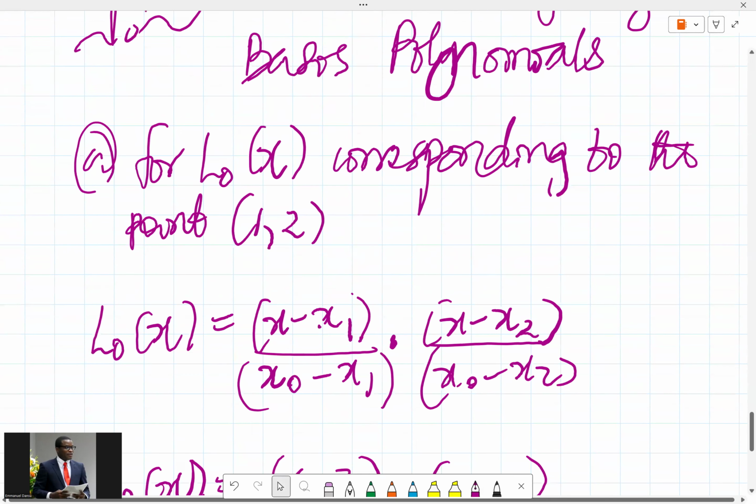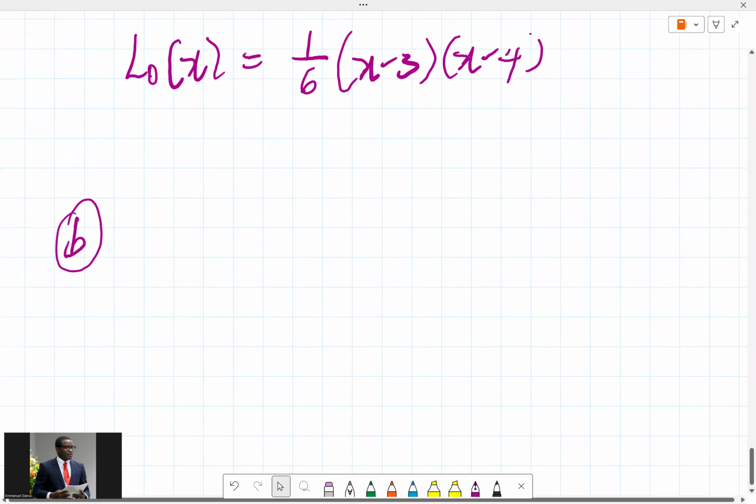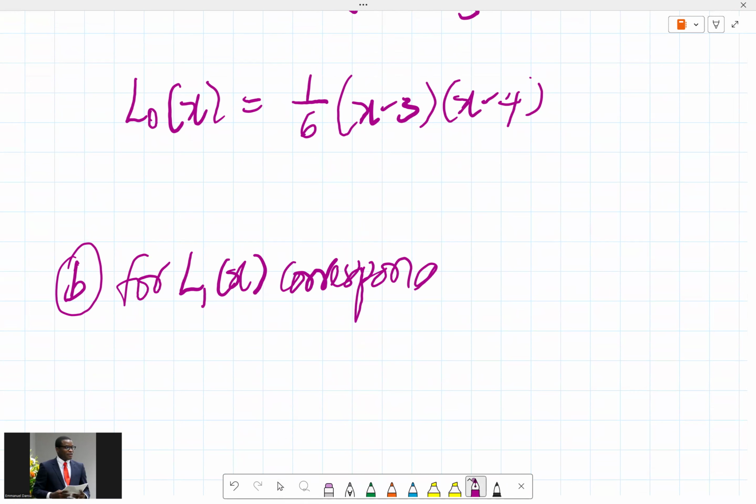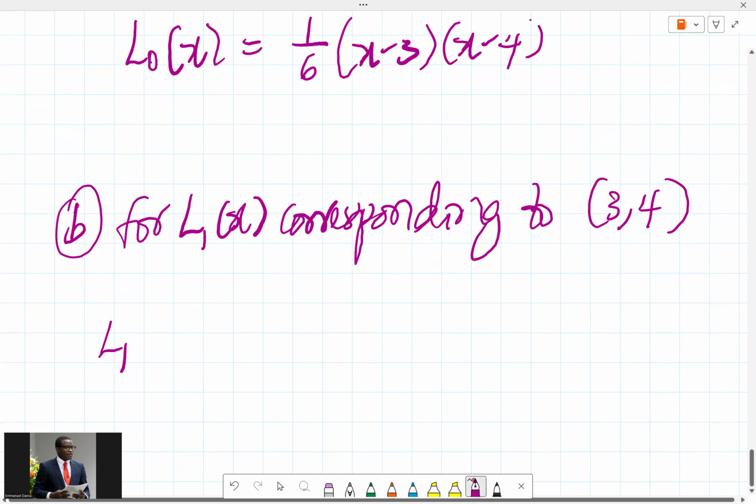So that goes. Then B now, for L1 of x corresponding to 3, 4. Again, we now need L1 of x.